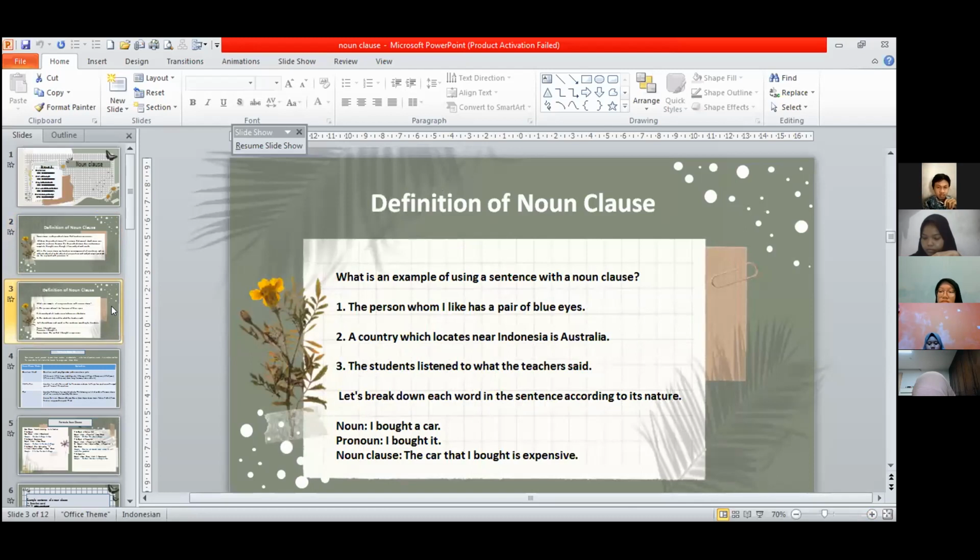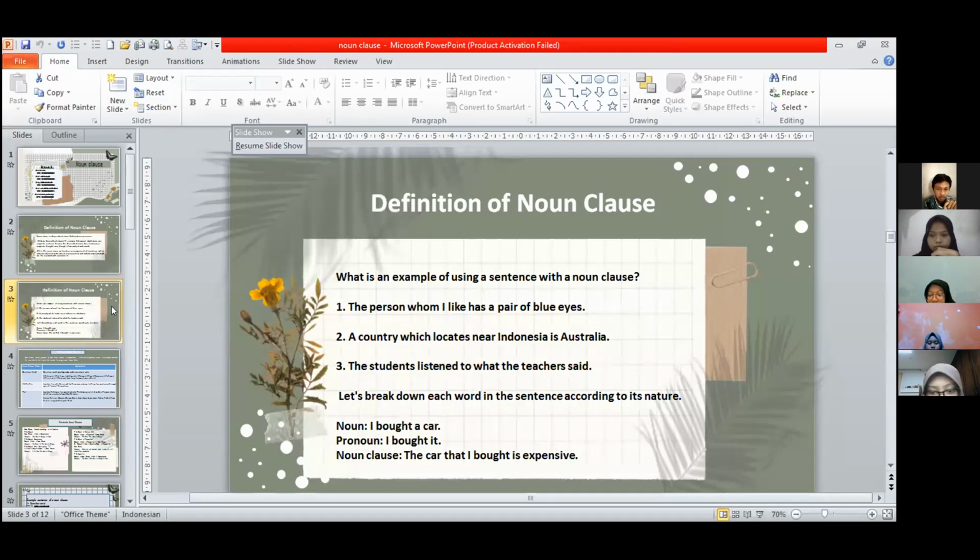What is an example of a sentence with a noun clause? First, the person whom I like has a pair of blue eyes. Second, a country which is located near Indonesia is Australia.